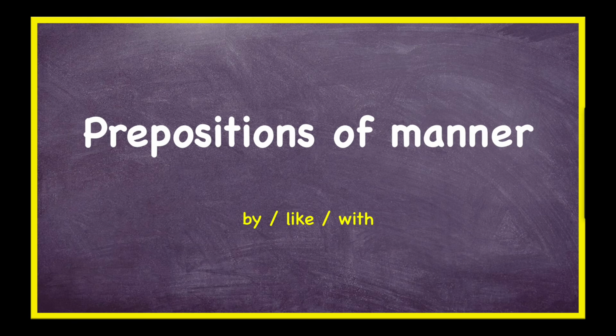And then we have with, like, I did it with the best intentions, right? Or handle this with care. All right, so these are prepositions of manner. And they're not all the prepositions of manner, by the way. It's possible to use other ones also, like for and in, right? I did something in anger.